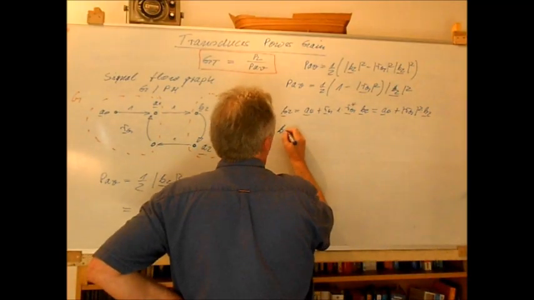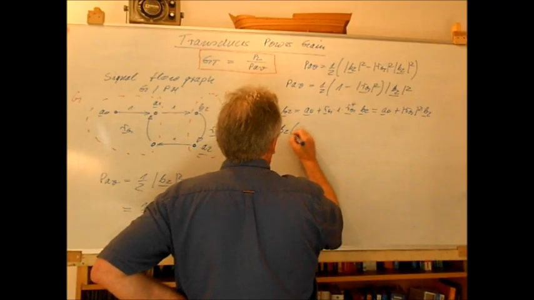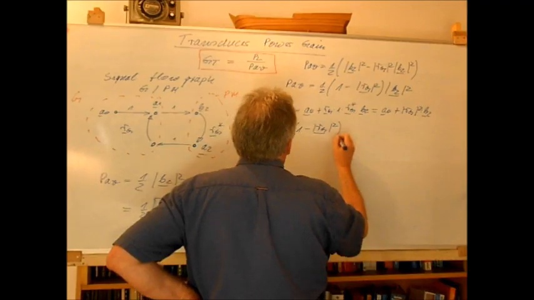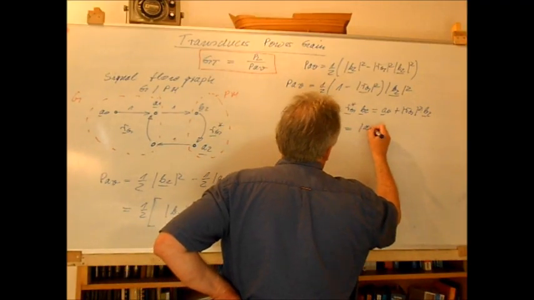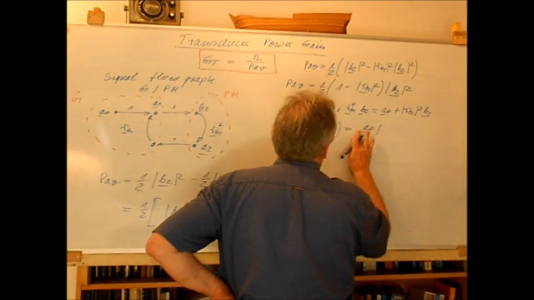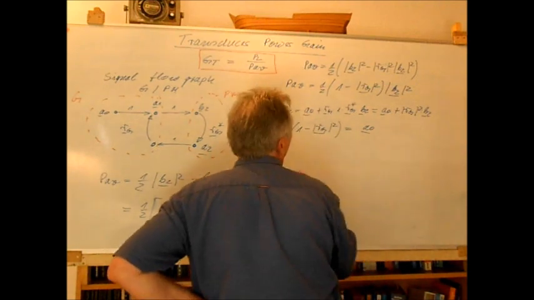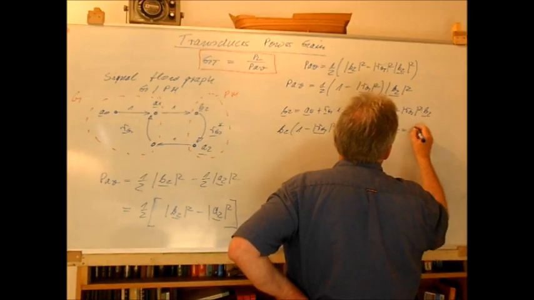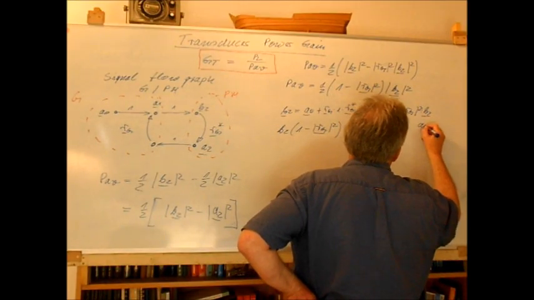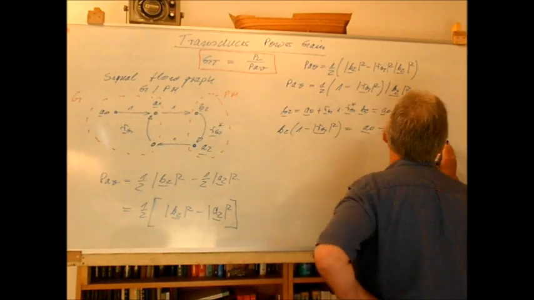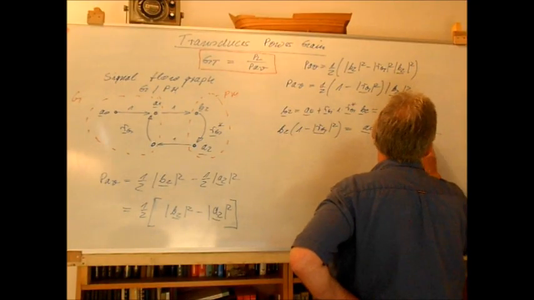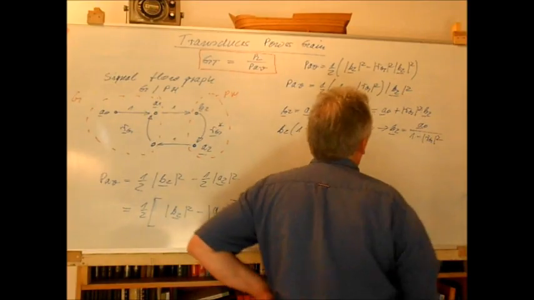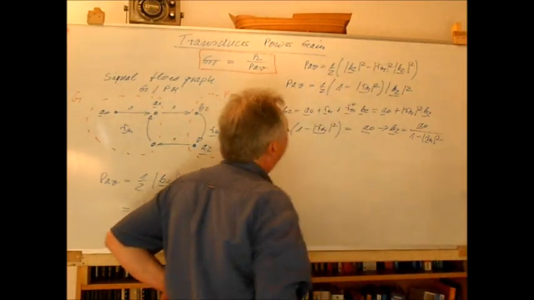So we have B2 times 1 minus absolute value of RG will be equal to A naught. And so we will find that B2 will be A naught divided by 1 minus RG absolute value square.